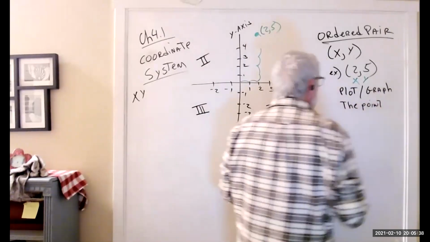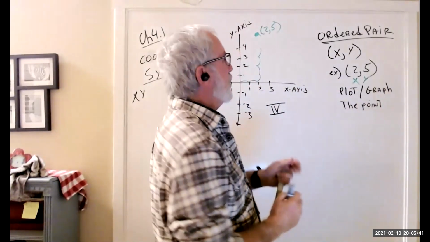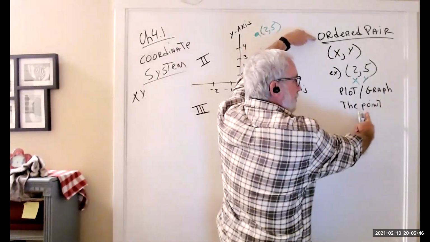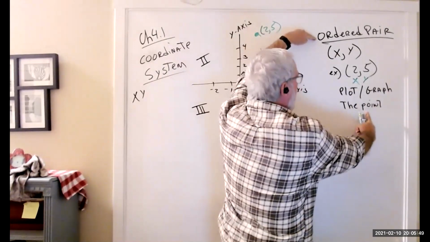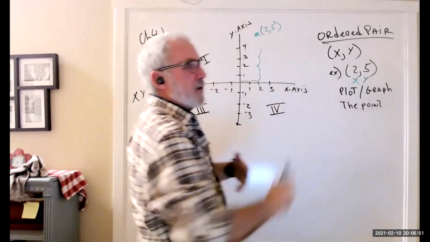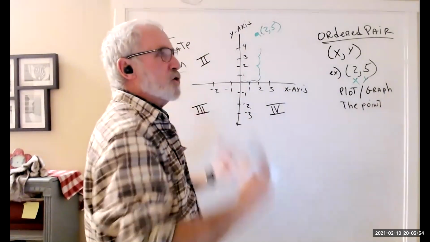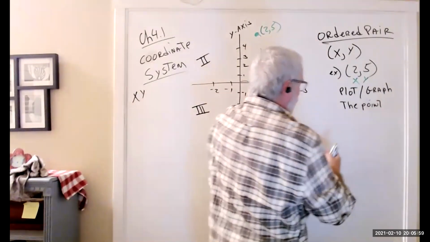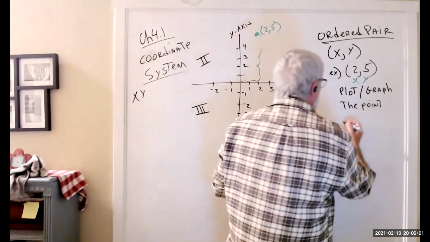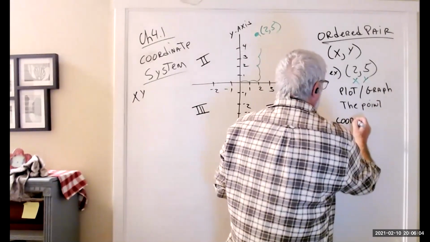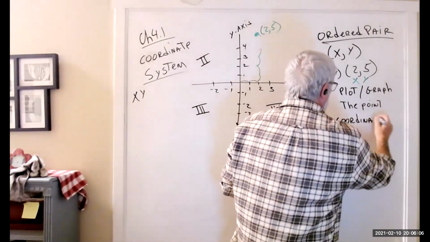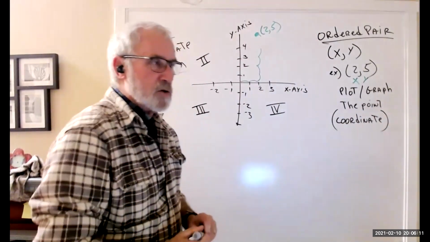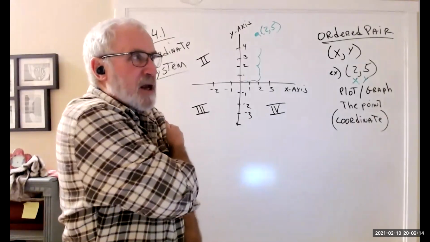Okay, so again, new vocabulary. An ordered pair is also called a point, or worse, it's called a coordinate. So we have all of these crazy vocabulary words to mean the same thing.